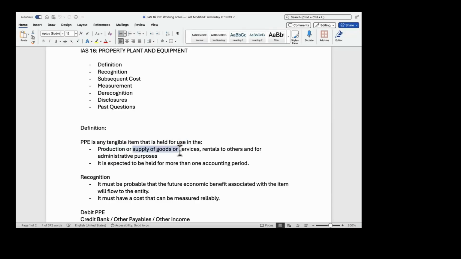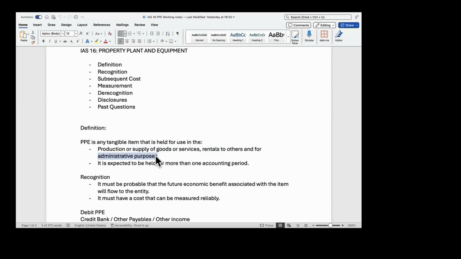Or rentals to others: any item that you own, that you rent out to others, of course, that means you're going to get that item back. That item is most likely a PPE. And it could be for administrative purposes, which helps your office to run properly, or which facilitates smooth operations of the business environment.